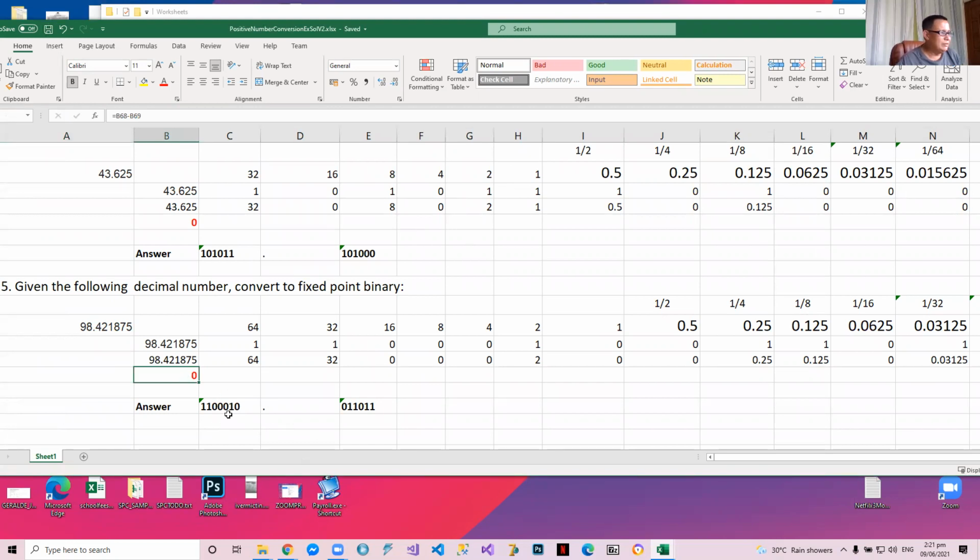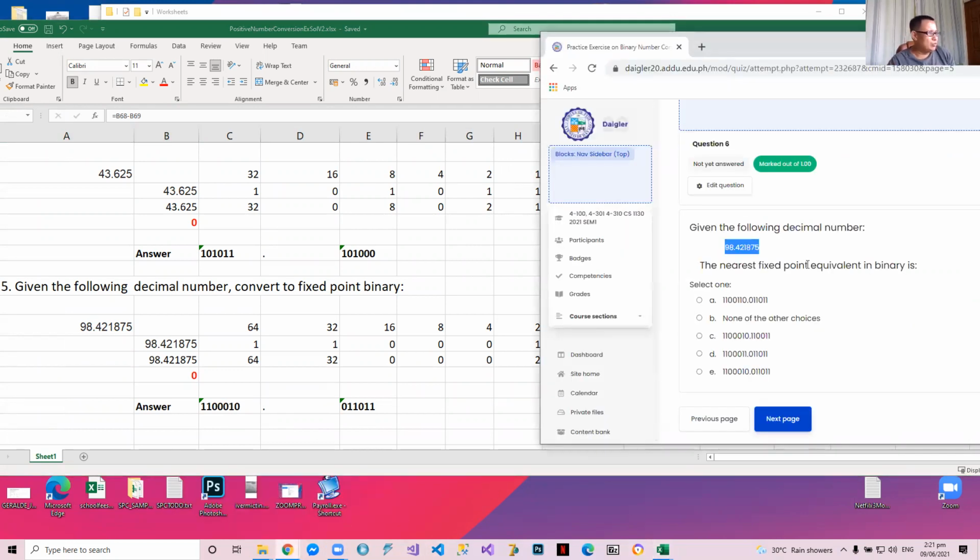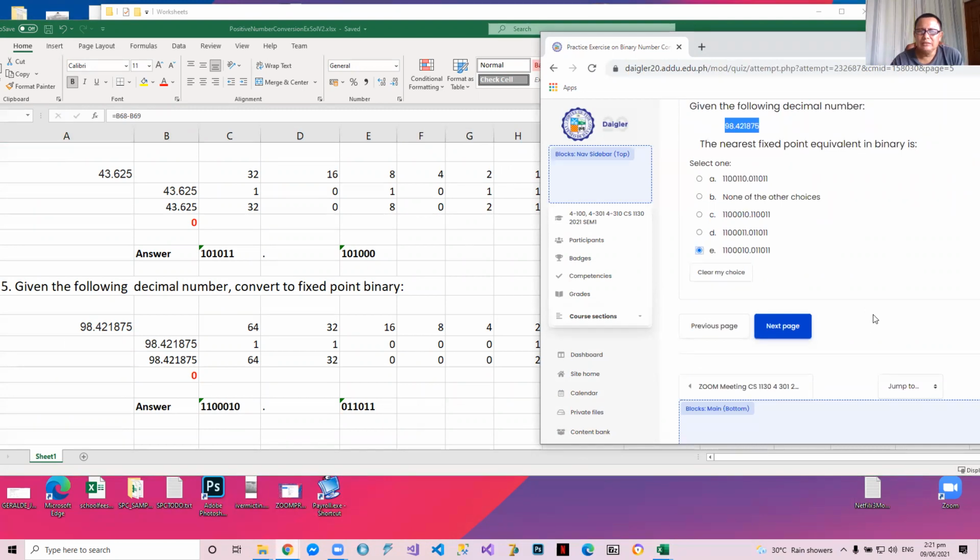We have the same formula, so we can just copy this. So the answer is 1, 1 followed by 3 zeros, 1, 0. So it's not possible, no? 0, 1, 1, 0, 1, 1. Okay, this is letter E. Any questions so far?